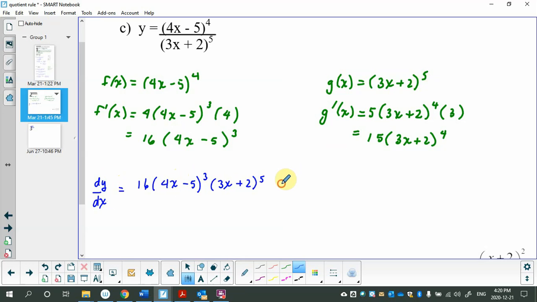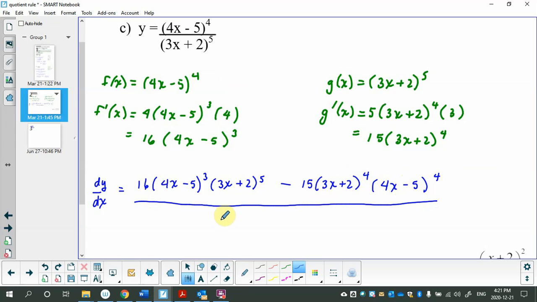There. Minus, because it's a quotient rule, the derivative of the denominator multiplied by the numerator over the denominator squared.